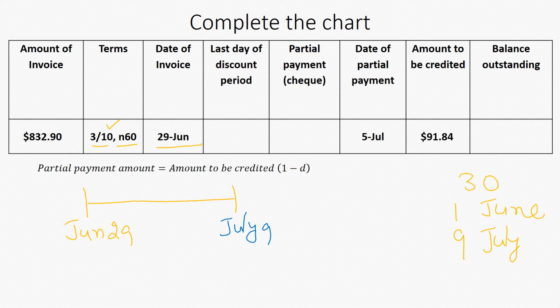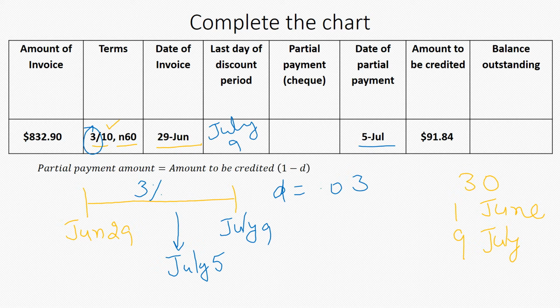And the date of partial payment is 5th July, which is before July 9th. So this amount is eligible for cash discount, which is 3%, or D is 0.03, right? So here the end date of the discount period is July 9th. We need to calculate the partial payment here when amount to be credited is already known to us, right?